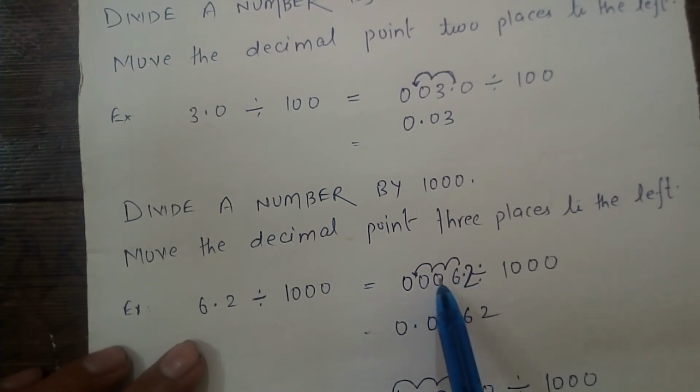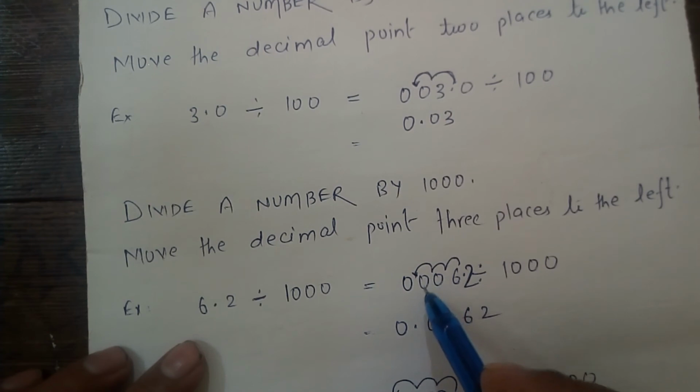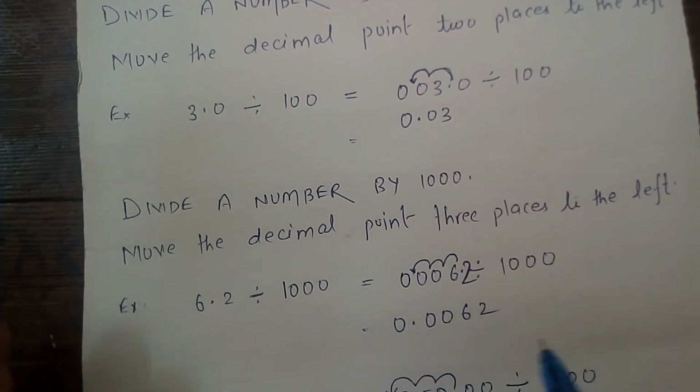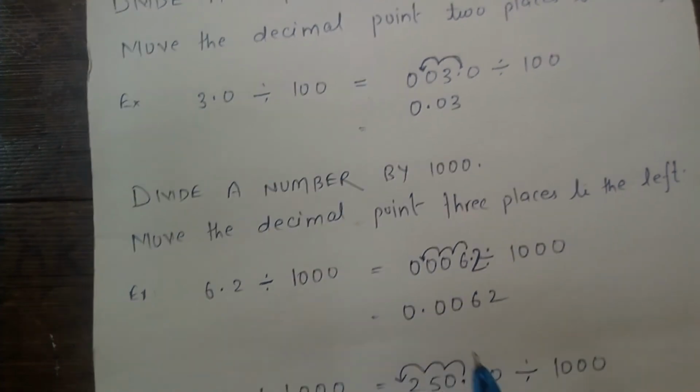Move the decimal point three places to the left. So this is the first place, second place and third place. So your answer will be 0.0062. This is your required answer for the given question.